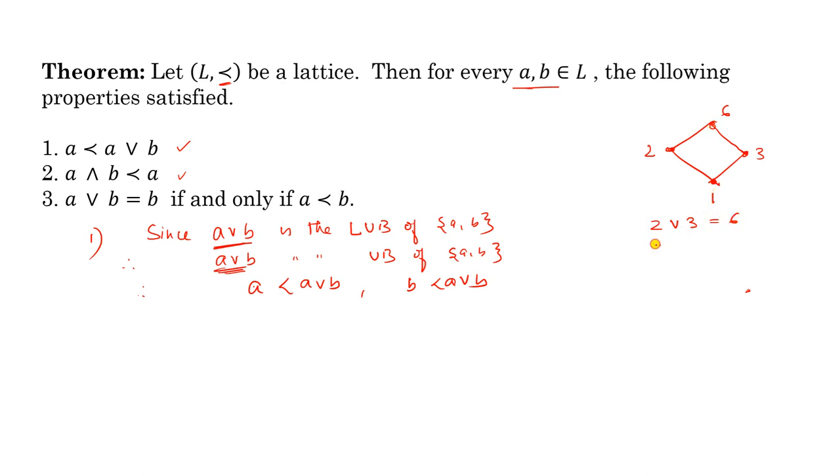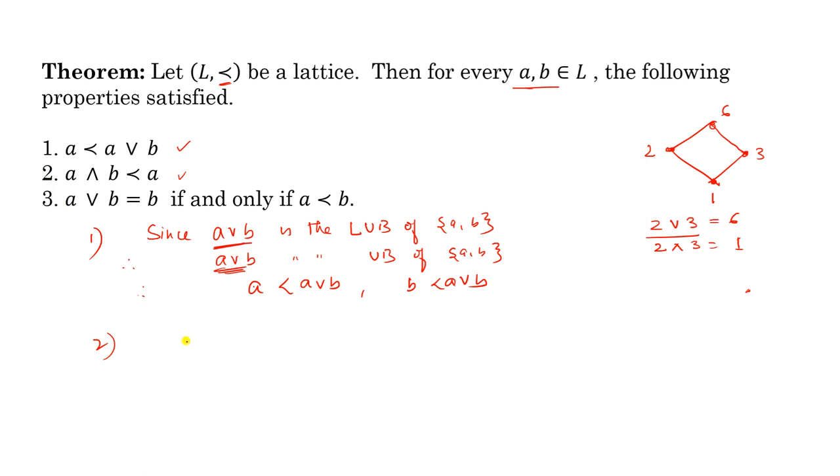And if you write 2 and 3, this is 1. So whenever we write 2 or 3, or A or B, this is an element, the least upper bound. So if this is the upper bound, you can write A precedes A or B, and similarly B precedes A or B.